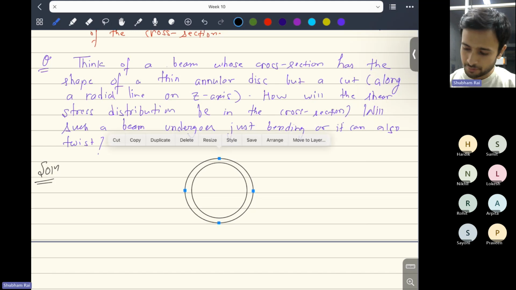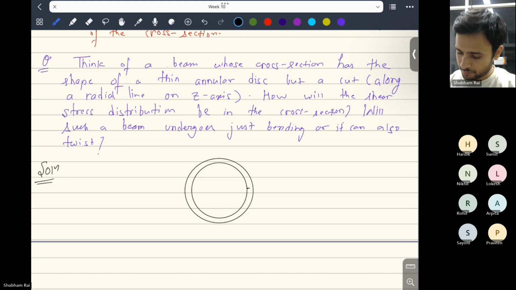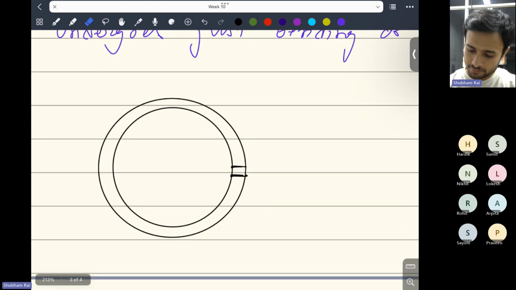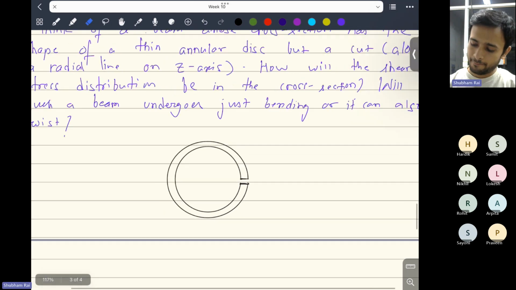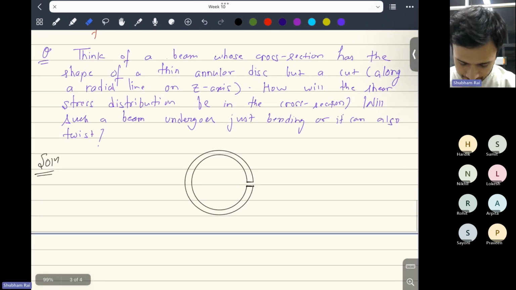Okay, it's fine. Now let's join these two. Let's say there is a cut here. The cut is so small that practically I'm drawing it, but it will be very small. So you can just erase these areas. Okay, so this will be the cut.